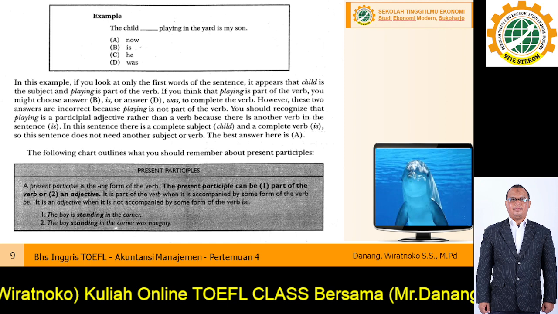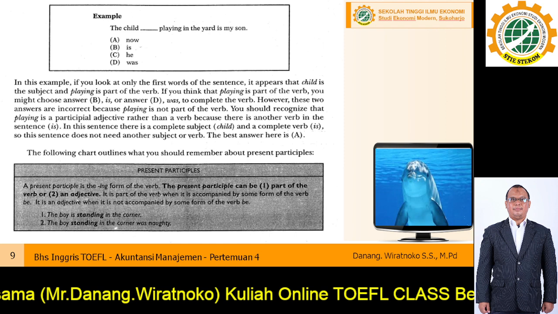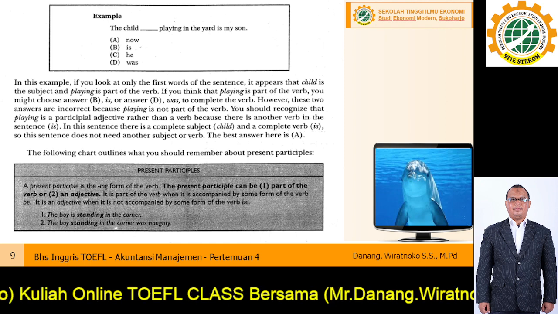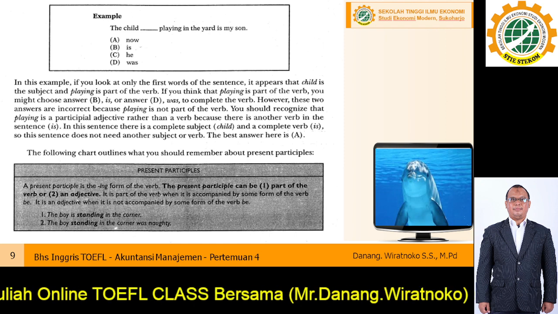So this sentence does not need another subject or verb. The best answer is A: the child now playing in the yard is my son. Ini pakainya now ya, jangan pakai is. Jadi harus hati-hati.